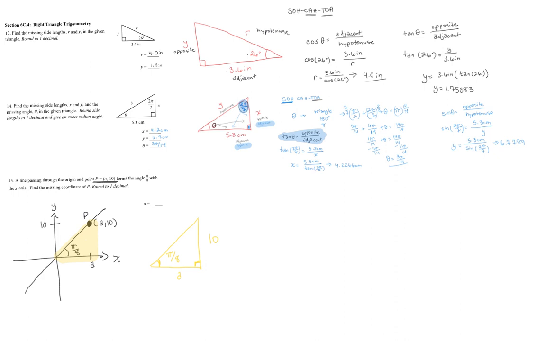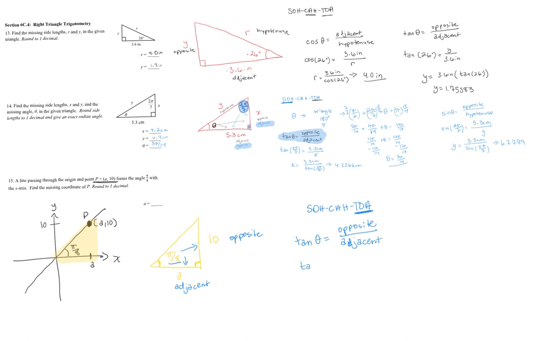So if you notice, these look just like the other problems, right? To this angle, this is our adjacent side. And this is our opposite side. So we are given our opposite. We need to find our adjacent. We have a theta from our SOHCAHTOA. We will be using our TOA. Tan of our theta is equal to opposite, which we know, over our adjacent, which we can find out.